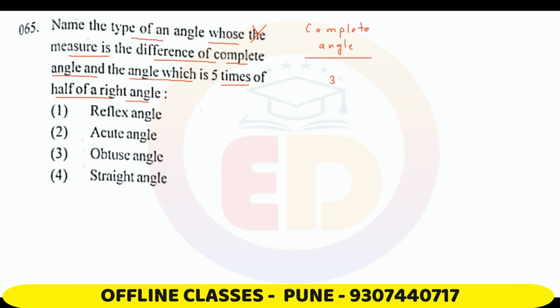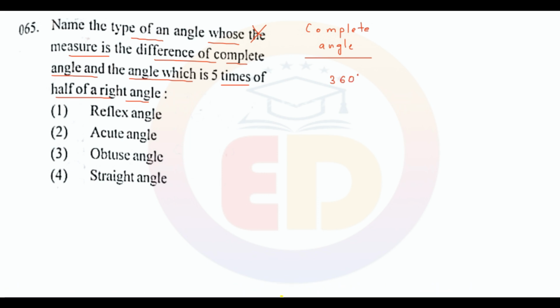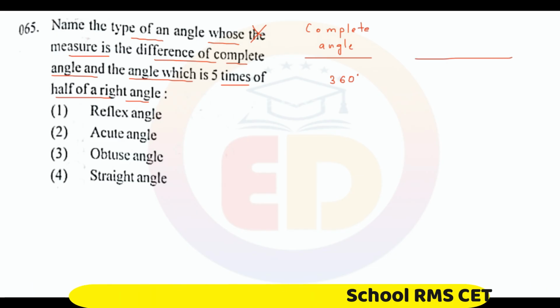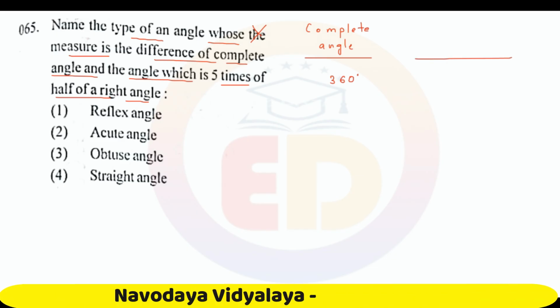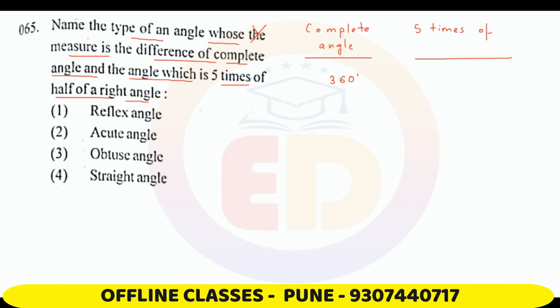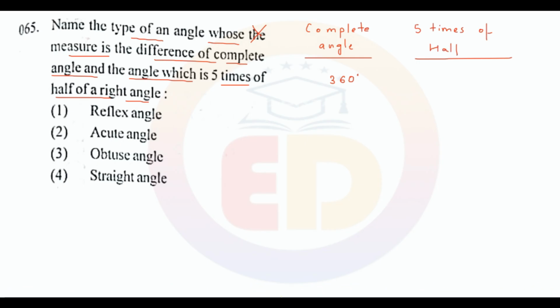Generally students tend to ignore this, but this is how they have put the question. And the other is 5 times of half of the right angle.